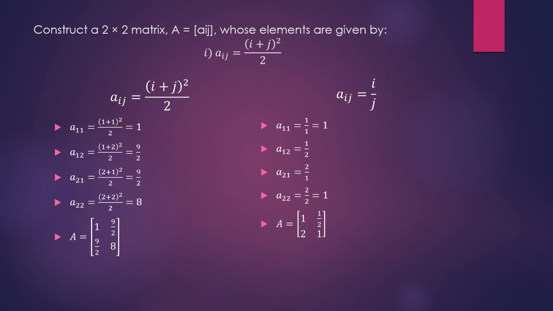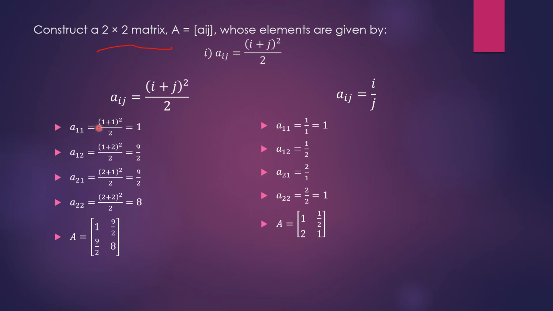Sorry. We also have, I want to construct a 2 by 2 matrix where A is represented by Aij and Aij is given by (i plus j) the whole square divided by 2. Since I have a 2 by 2 matrix, I can have 4 elements. It can be A11, A12, A21, A22. So if I talk about A11, if you remember, I told you that this is the i number, this is the j number. So I'll replace the numbers in the formula.